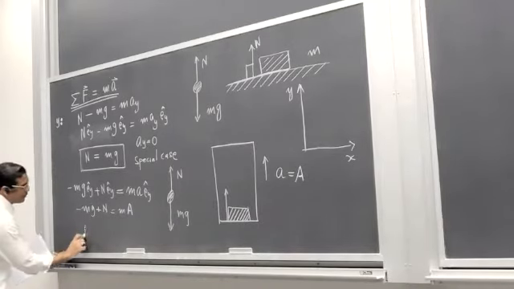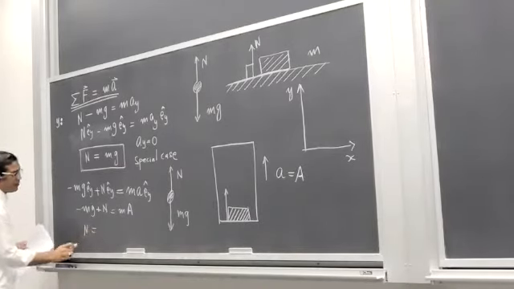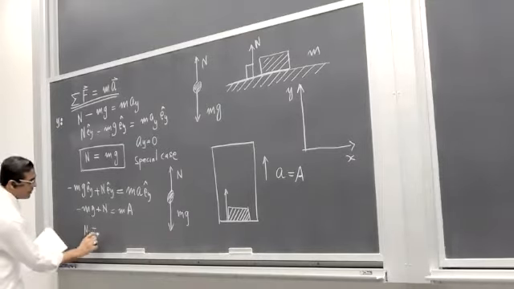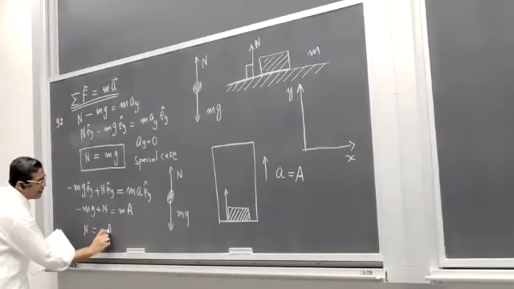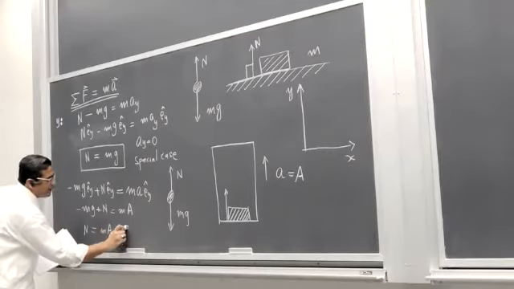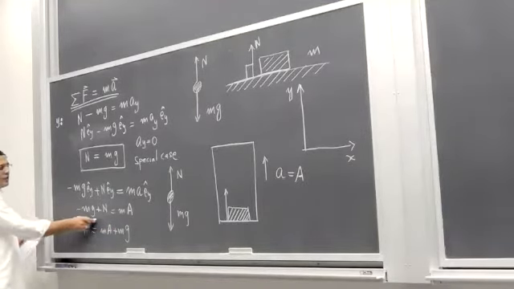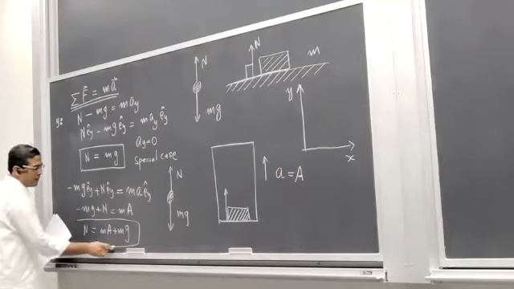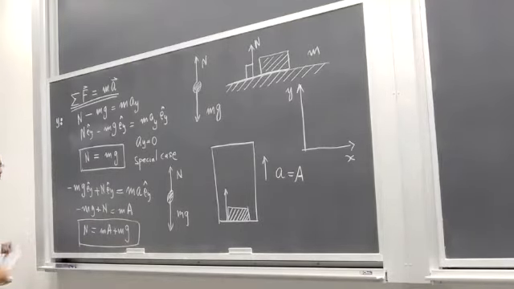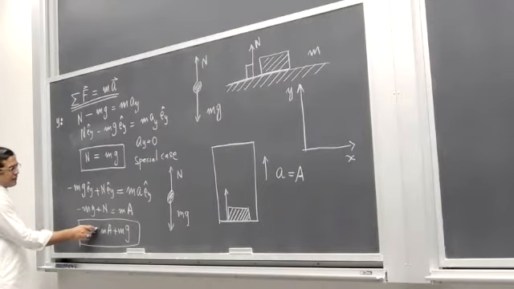And now the normal force turns out to be ma plus mg. So here is an example where normal force is not equal to the weight.